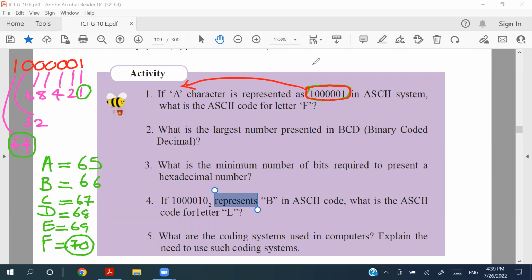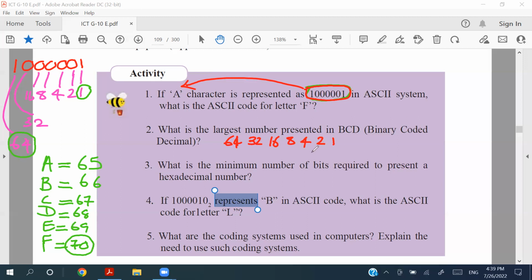Now, how are we going to convert 70 into binary? Shall I show you a shortcut to do this? Look at this. I'm going to write the place values: 1, 2, 4, 8, 16, 32, and 64. These are the place values in binary.